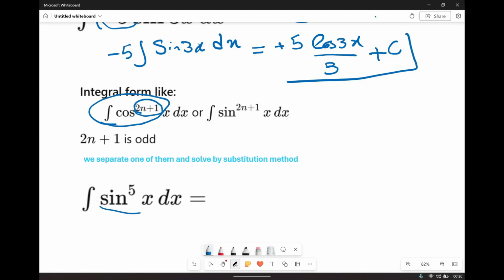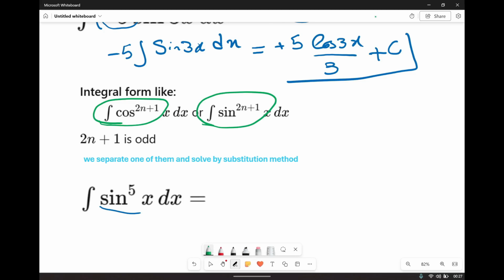For example, here, if I separate one power like this, sine power x, but you must know it is not always simple like this. We're going to increase our knowledge. Some integrals have sine and cosine with powers, for example, sine power 4, cosine power 6, and like this. How must we calculate them?